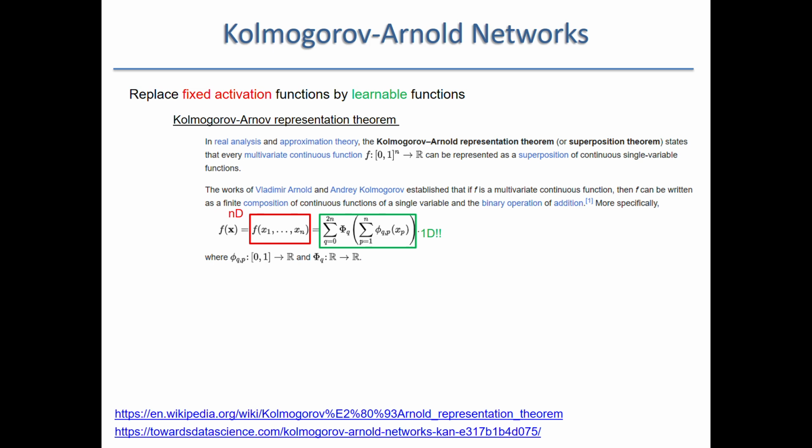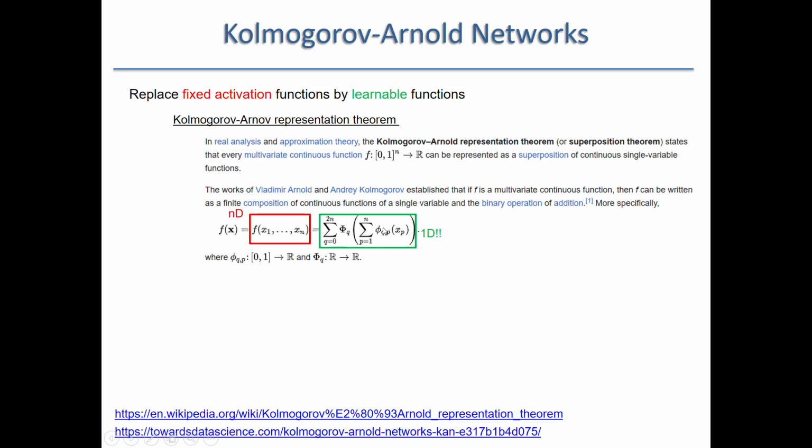The representation theorem says that any n-dimensional function can be represented as a nested or hierarchical evaluation of many very simple, one-dimensional functions. For each one of the components, we apply a relatively simple function, which gives you a scalar, and then you add many scalars of this kind.